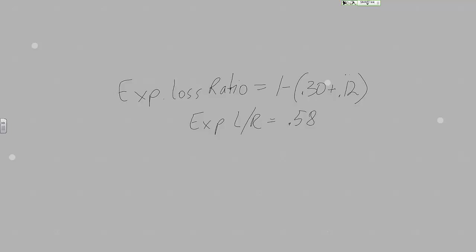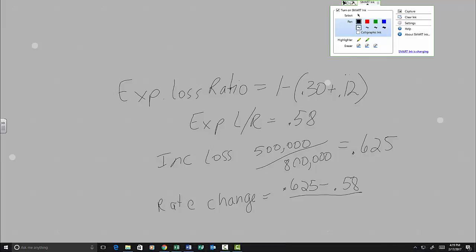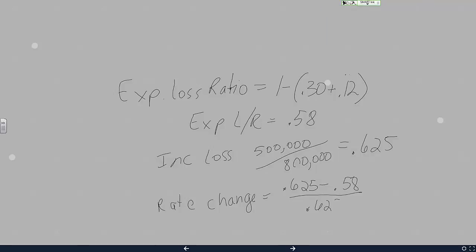And let's assume that our incurred loss, again, was $500,000 and that our earned premium was $800,000. So that equals 0.625 or 62.5%. Our indicated rate change equals 0.625, the actual loss ratio, minus 0.58 divided by 0.625.